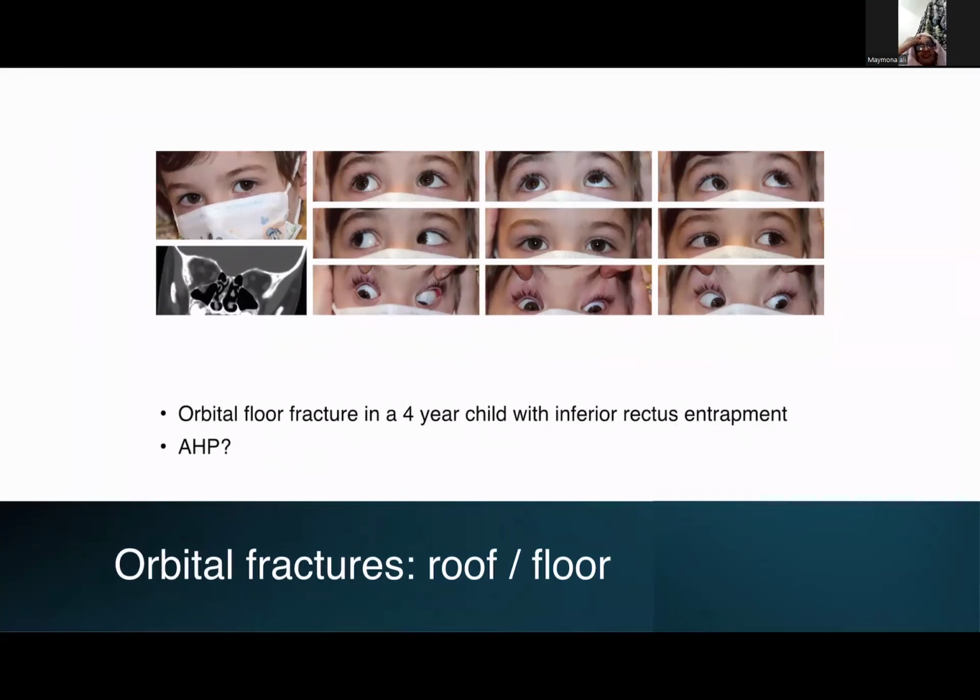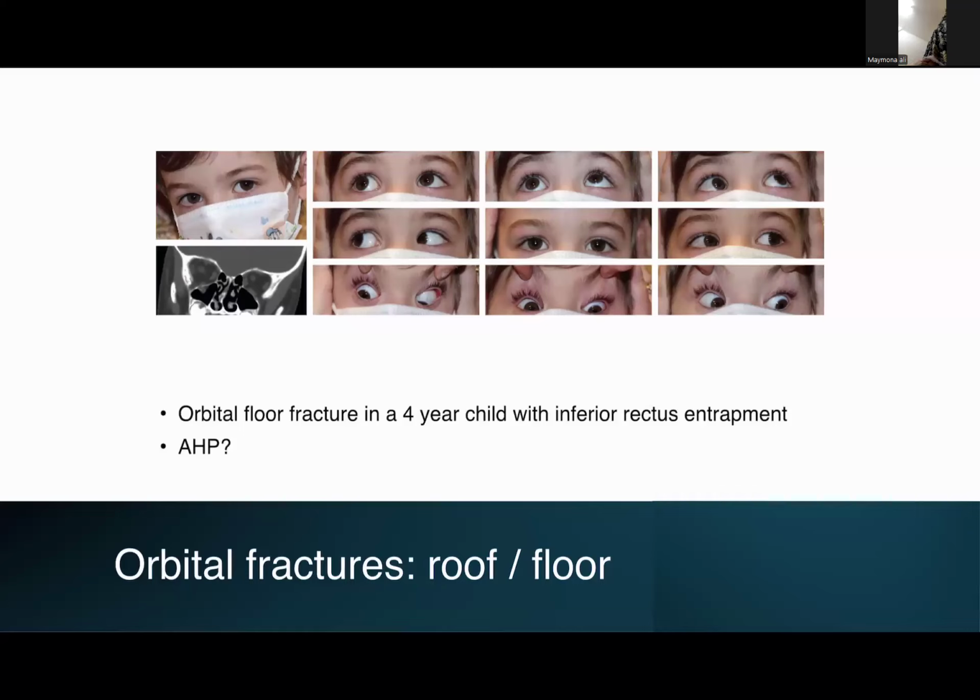I want everybody in this lecture to remember this name very well. Memorize it very well. This is by no means an average orbital fracture. This is a life-threatening problem. The child usually has arrhythmia, has bradycardia, has vertigo, is pale, is nauseated, is vomiting.